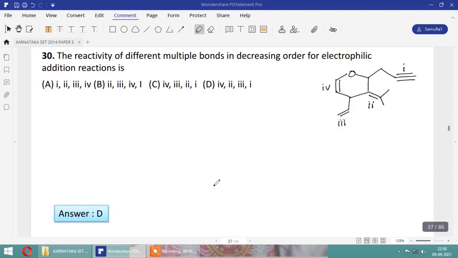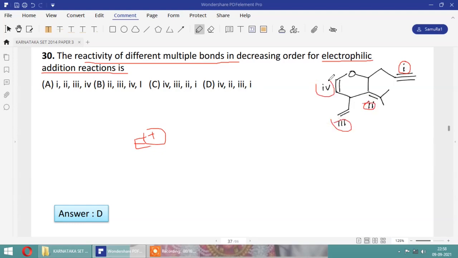And next question, the reactivity of different multiple bonds in decreasing order of electrophilic addition reaction. If you add an electrophile, an electrophile is an electron deficient compound. If you add an electrophile, this was first one, they are given 4 options, 1, 2, 3 and 4.